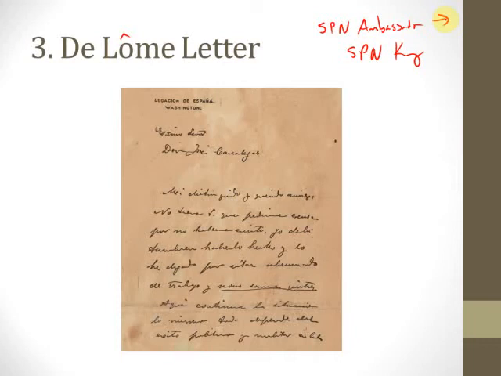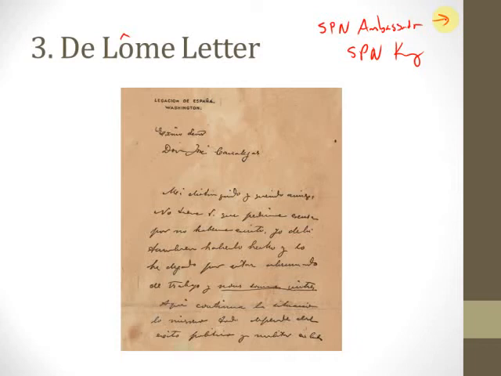The letter was intercepted by Americans. So what happens is one of the newspapers actually receives the letter. They intercept the letter through spies and whatnot, and they publish the letter by the Spanish ambassador criticizing the president. It's in Spanish, but they translate it.